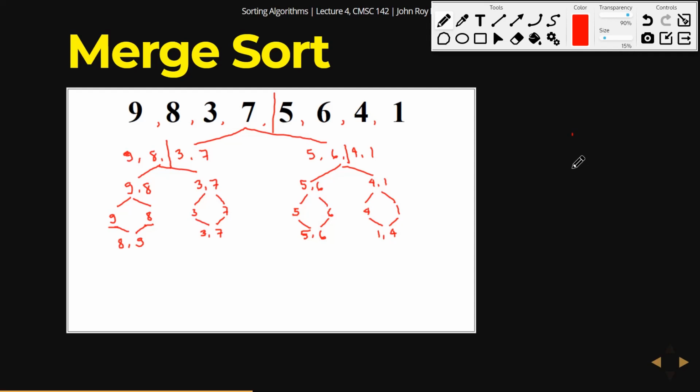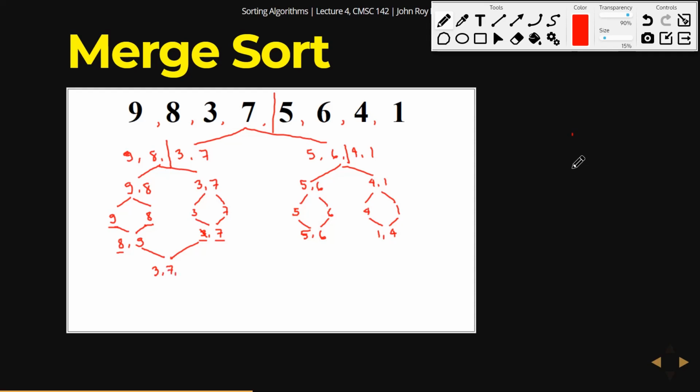Okay, then now we'll have to merge these two sub-problems. So 8 versus 3, which one is the smaller? So it would be 3. Now this time we'll have to compare 8 with 7 because 3 is done, right? So 7 versus 8, 7 is smaller, so 7 gets copied first.